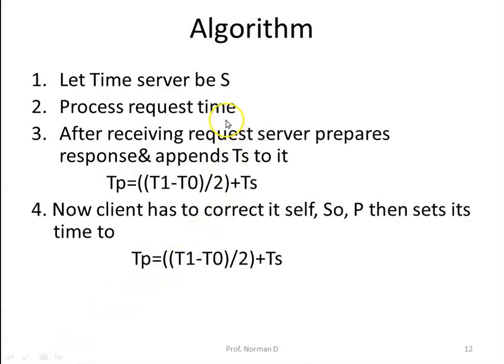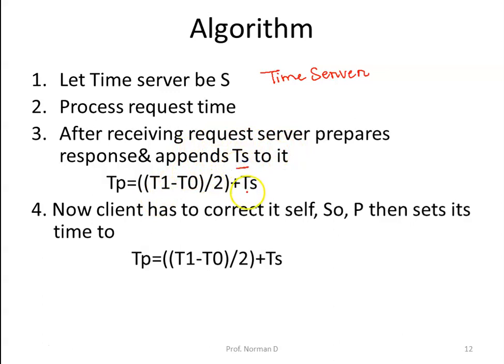Cristian's algorithm in brief. We have a server S, that is our time server. This server will process the request made by the client and return the current UTC to the client. After receiving the request, the server prepares the response and appends Ts to it.